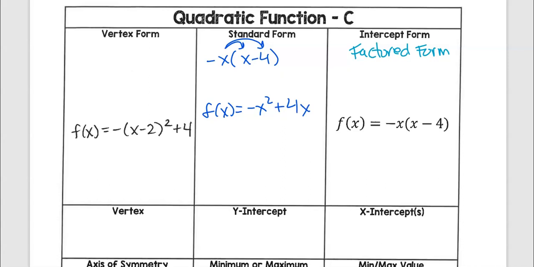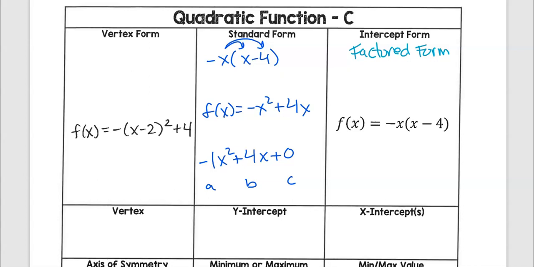So I don't have a c value. What's technically there? A 0, yeah. So I'm going to write this as -1x squared plus 4x plus 0, just so I can see my A, B, and my C a little bit more clearly. Do they all have the same A value? They better.